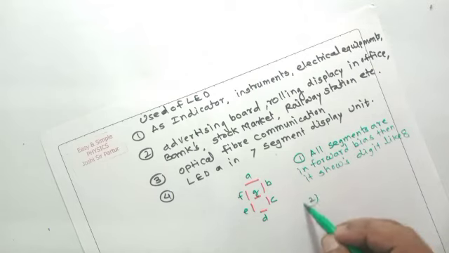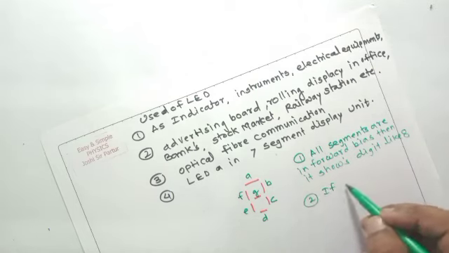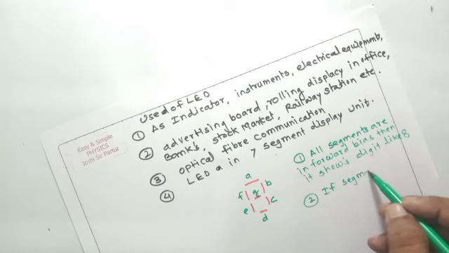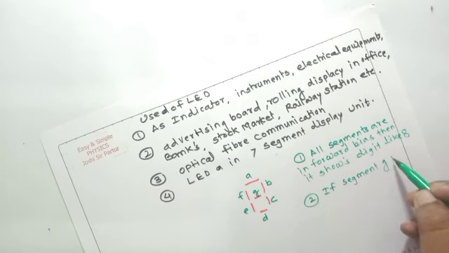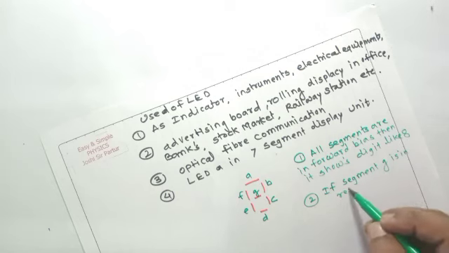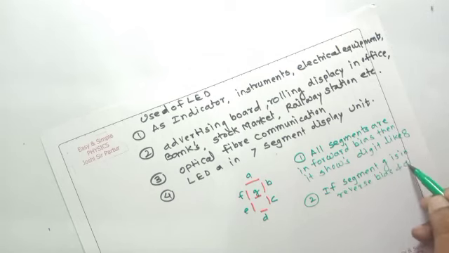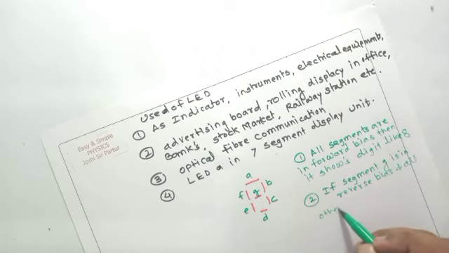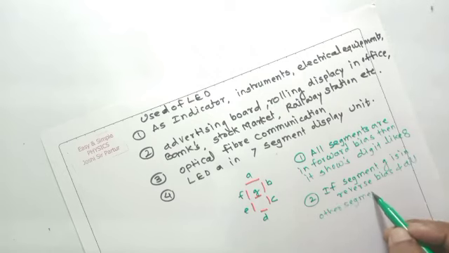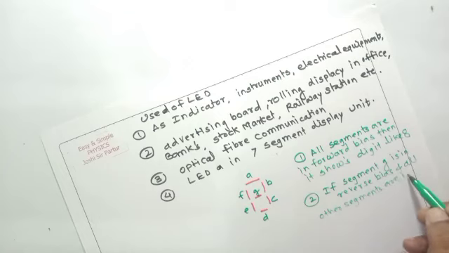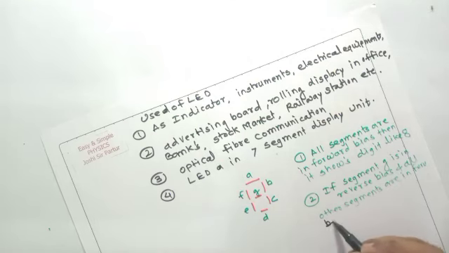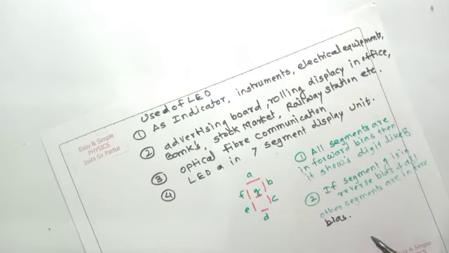But if segment G is in reverse bias and all other segments are in forward bias, what happens?